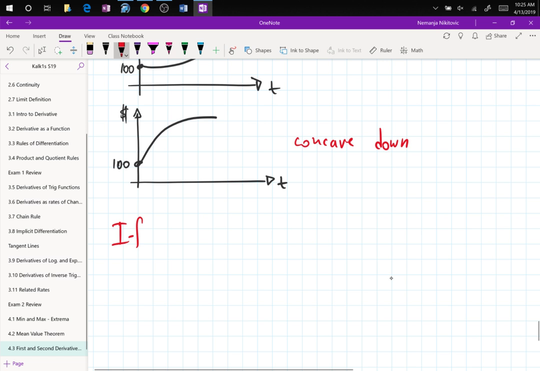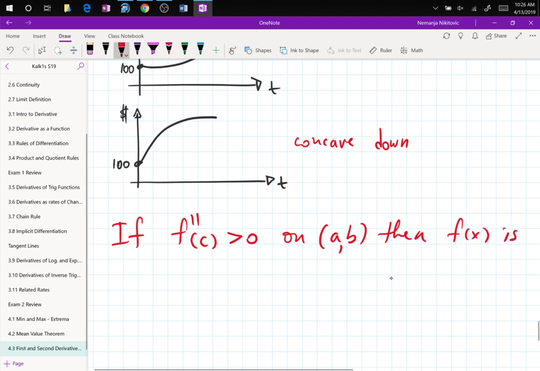So if the second derivative computed at c is bigger than 0 on some interval a, b, then f of x is concave up on interval a, b.